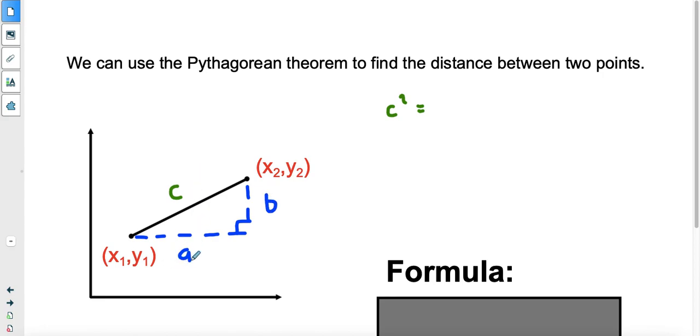If you add up this side squared plus this side squared. Now, this side is the change in x, how much x changes. And this side here represents how much our y values change.